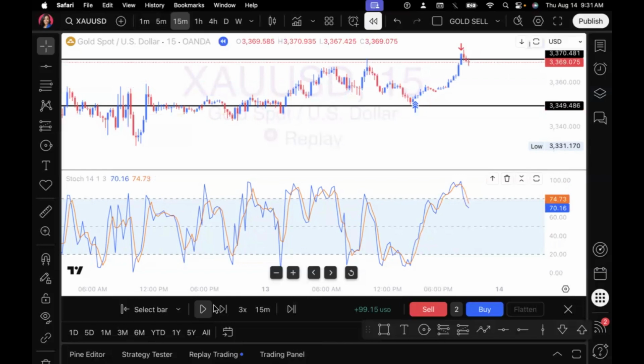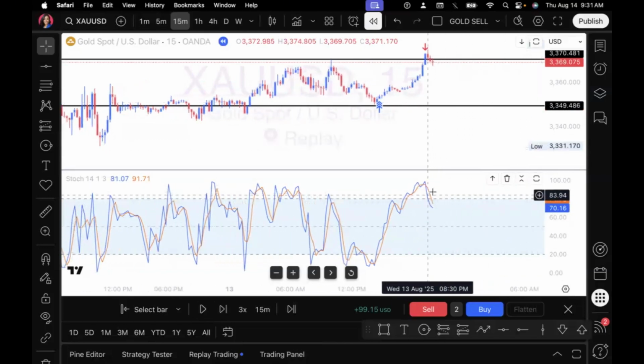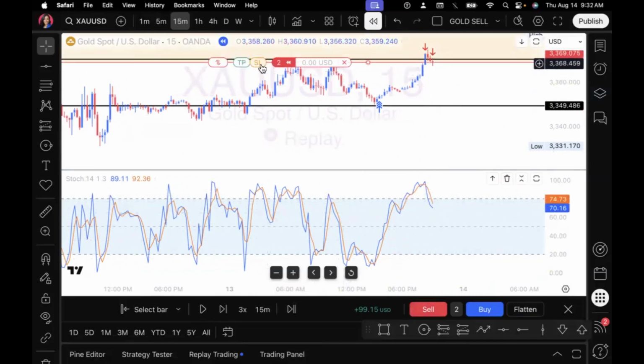We hit our TP, and it's not until we get the orange line facing down, the blue line facing down, the orange line on top, and the stochastic facing down that we could actually take this trade in the opposite direction as well, because now we have our sell confirmations.